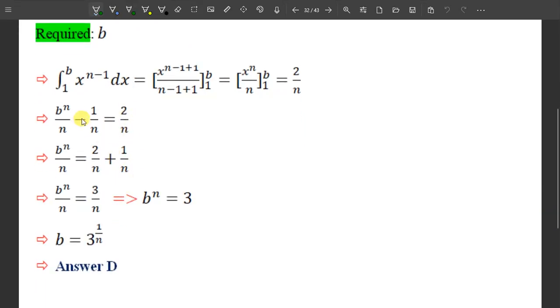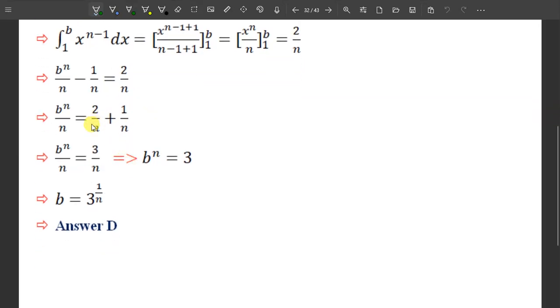Here move minus 1 over n to the right, it becomes b to the power of n over n is equal to 2 over n plus, since it is minus here to the left, but when it is moved to the right it becomes plus 1 over n. And take the least common multiple of the two, it is n, and add the numerators. 2 plus 1, it becomes 3 over n, b to the power of n over n, then cancel n by n. This implies b to the power of n is equal to 3.